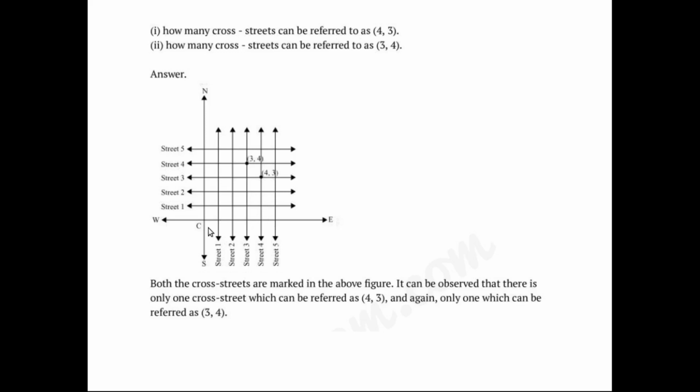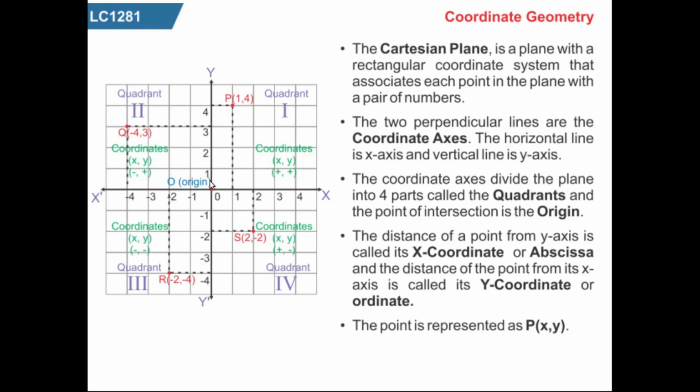So how many cross streets can be referred to as 4,3? See here. Just compare this arrangement to our initial slide, that is this one. This is our main road and this one is our other main road, east to west and north to south.